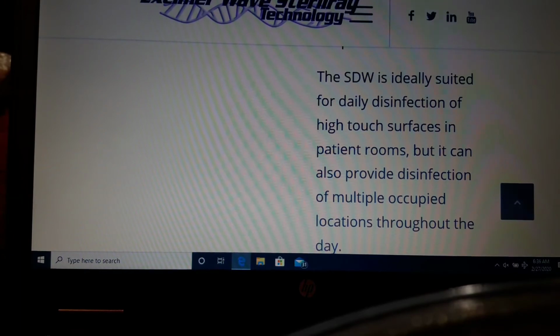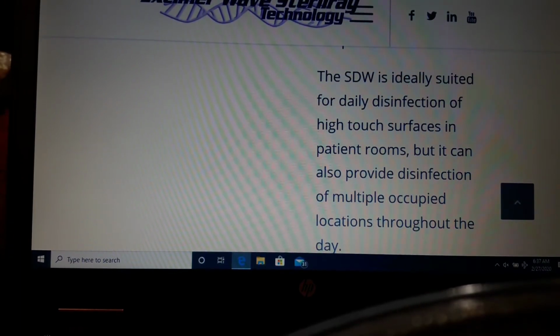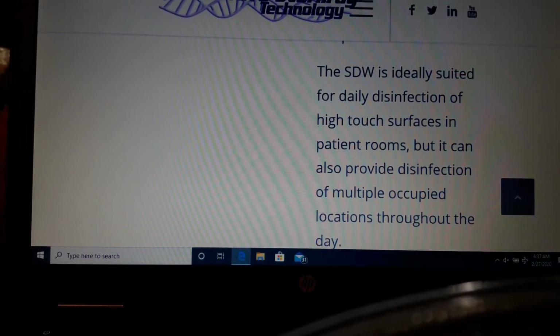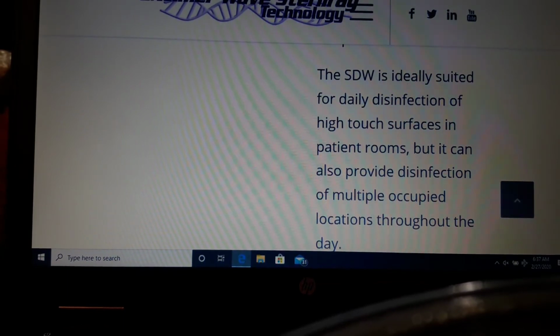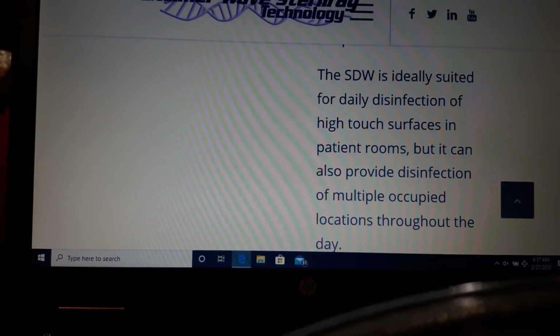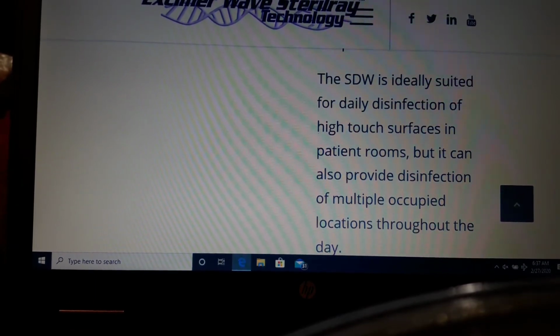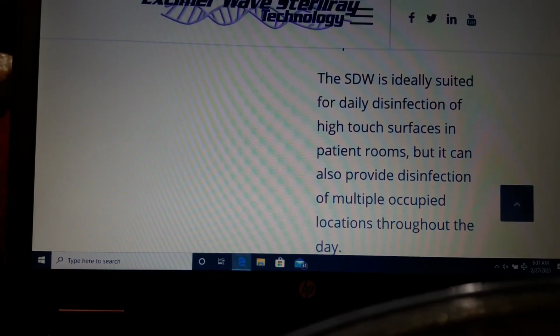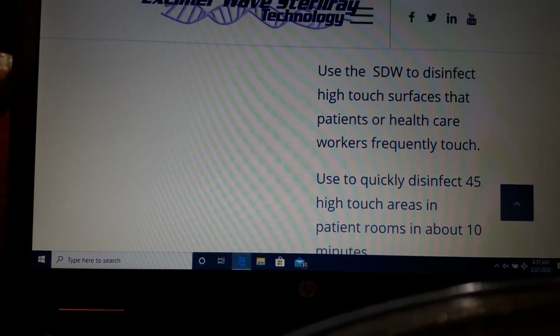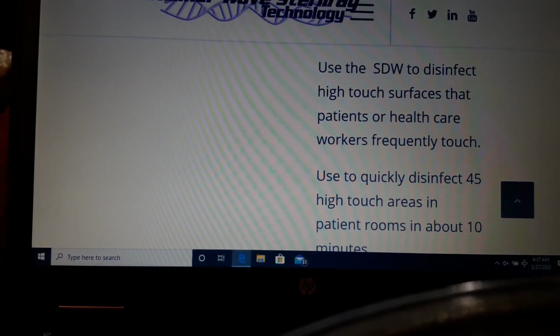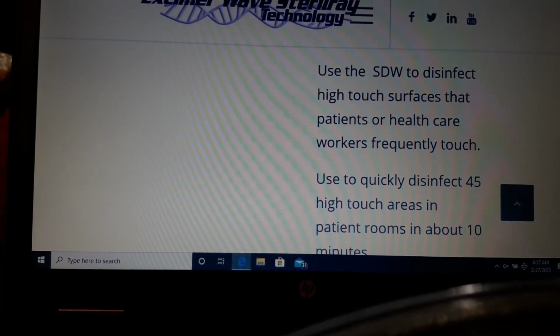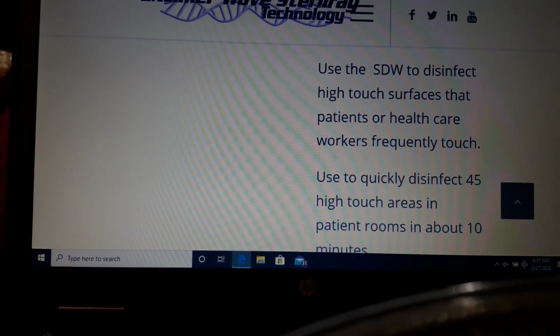The SDW is ideally suited for daily disinfection of high-touch surfaces in patient rooms, but it can also provide disinfection of multiple occupied locations throughout the day. The SDW disinfects high-touch surfaces that patients and healthcare workers frequently touch.